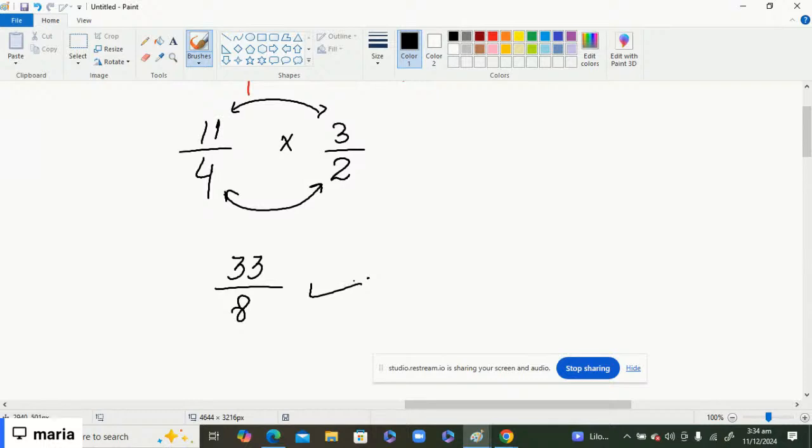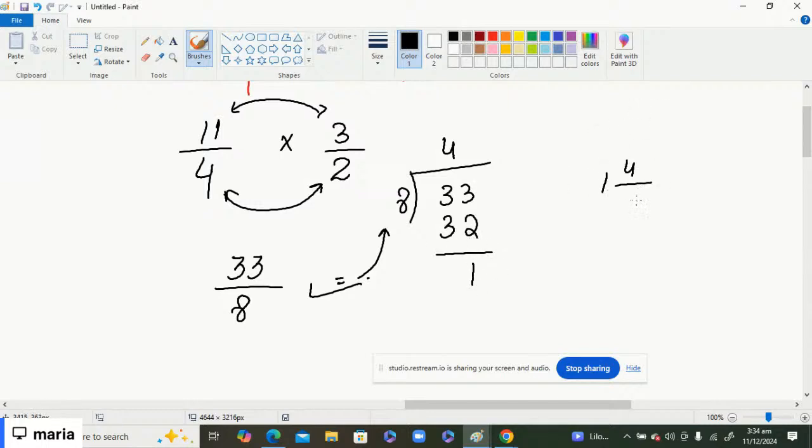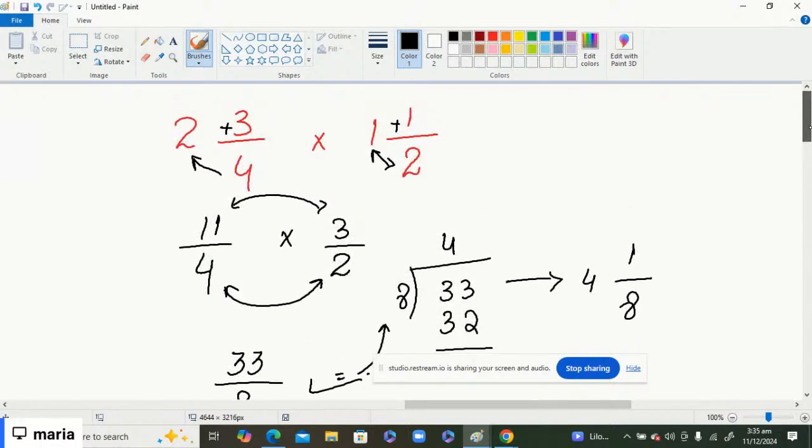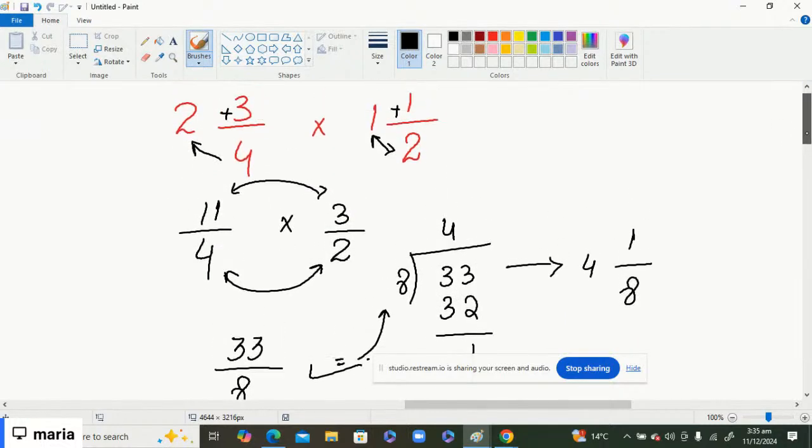This is the improper fraction, and if you want to convert it, divide 33 by 8. 8 times 4 is 32, and 1 is left. So the answer is 4 and 1/8.